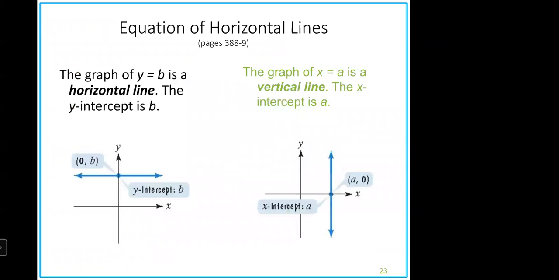All right. So okay, so we also sometimes have to draw horizontal and vertical lines when we're graphing. And it says here the graph of y equal b is a horizontal line, and the y-intercept is b.